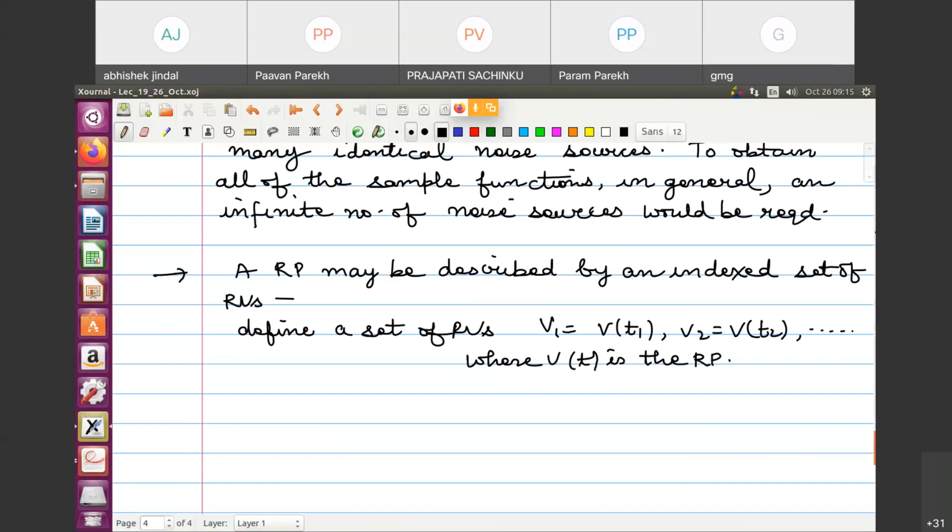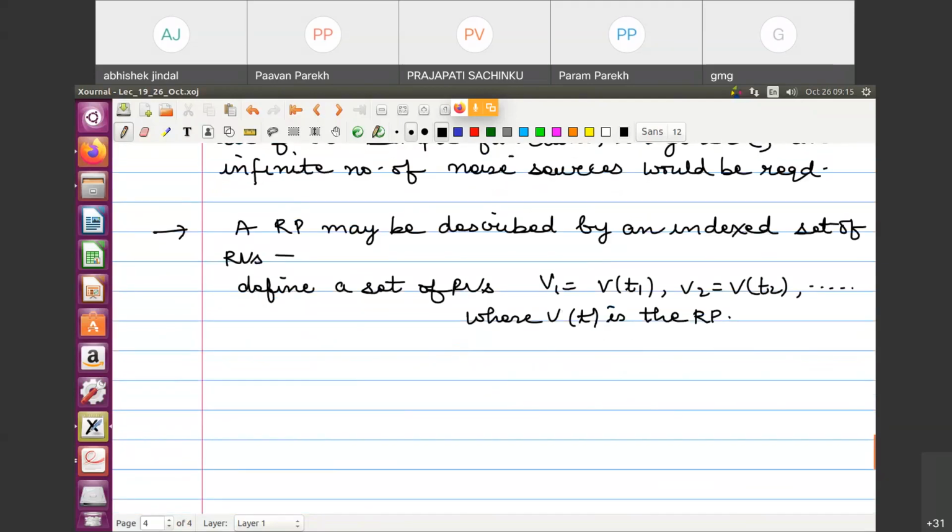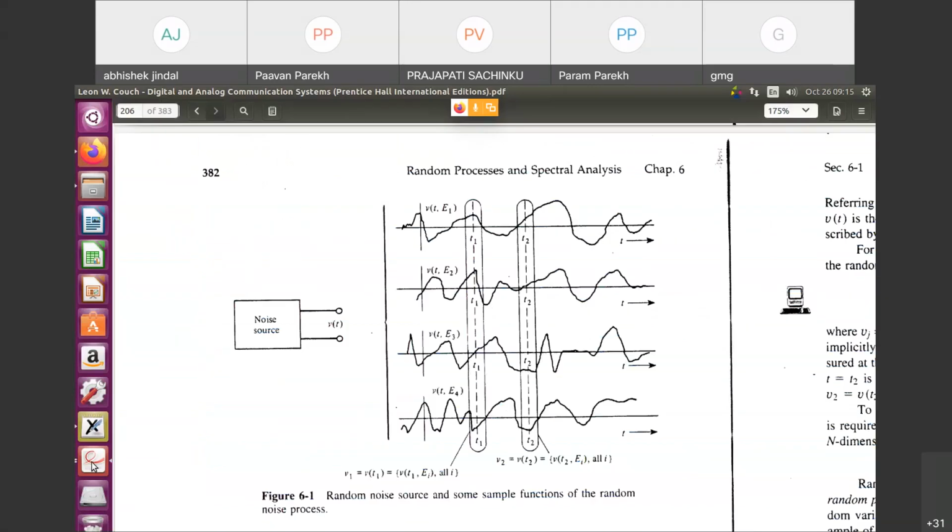Okay, so what we are doing is that, given a random process v of t, let me collect several possible random variables by fixing t. So for t1, I think we have shown it in the figure, you fix t1. So I am observing this random process at the same time, let us say daily at 9 a.m. So I will see different possible values.